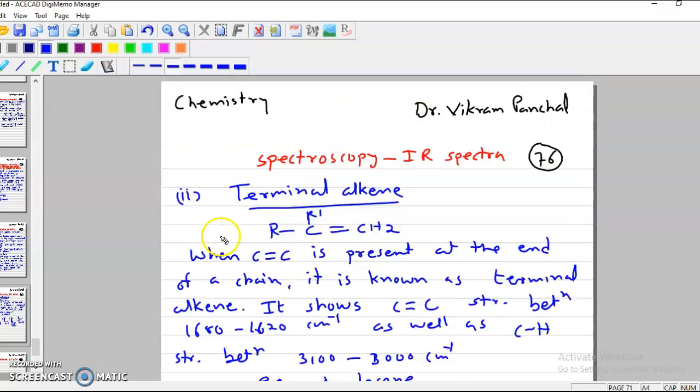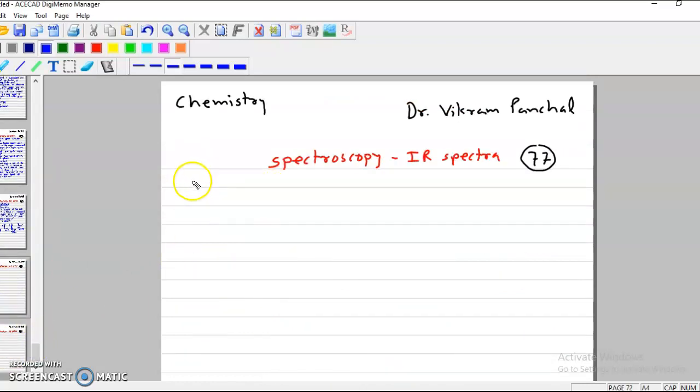Okay, there are certain groups where you may find major bendings of CH aromatic, that is also sp2 hybridized, benzene.